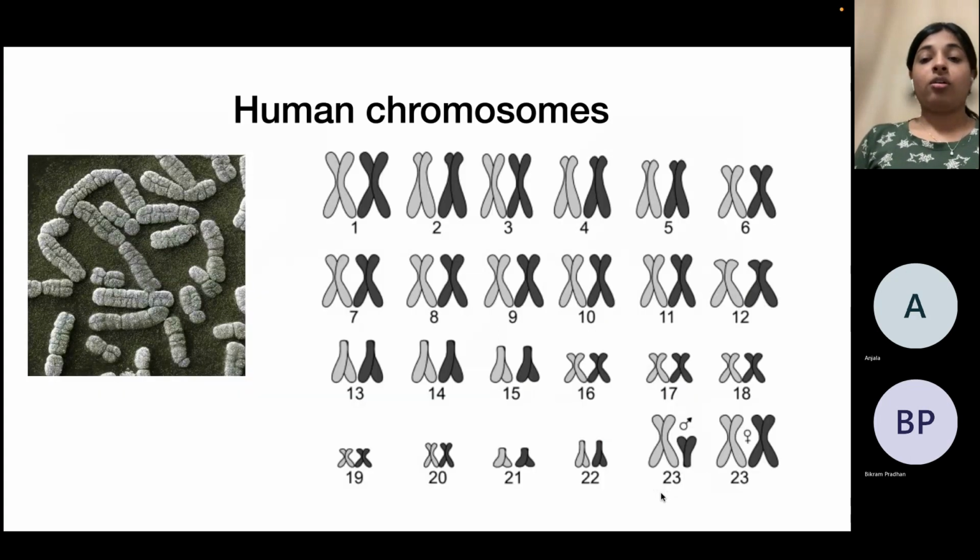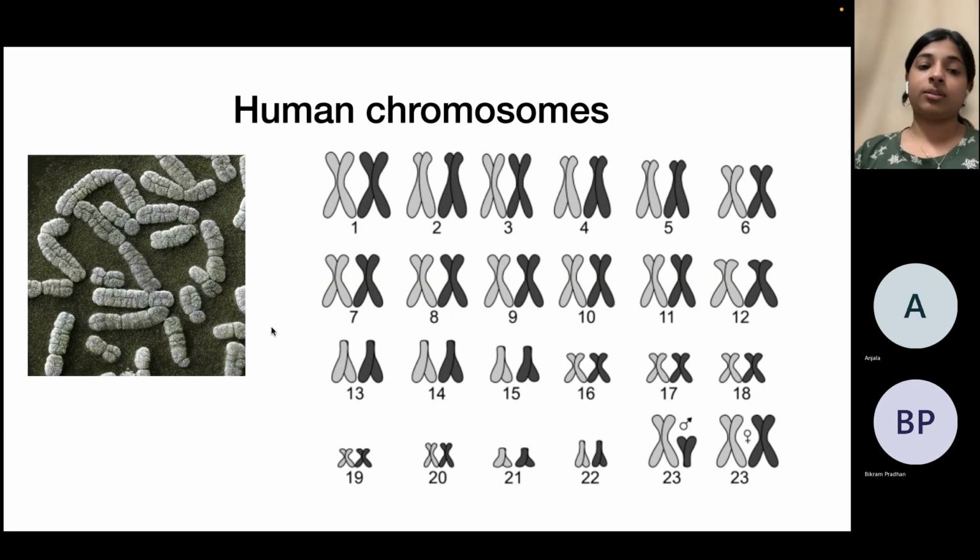We have often heard of diseases like Down syndrome, which is trisomy 21, or Turner syndrome, in which patients lack an X chromosome. For this to be studied, we need to know which chromosome has a defect, and for that there is a technique known as karyotyping, which we will look briefly into.